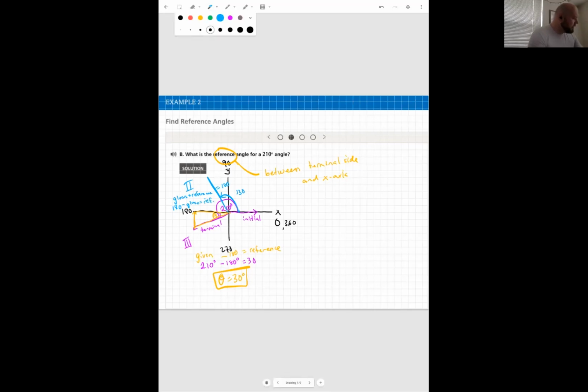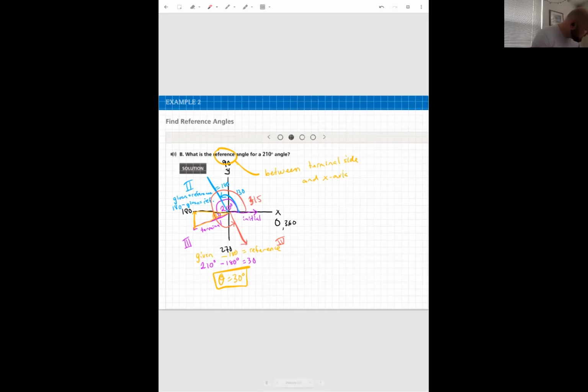If we're in, let's go red for quadrant 4. If we're in quadrant 4 and you have some angle that comes around, boom, here. Let's say that my angle is 240. Oops, not 240, because it has to be bigger than 270. Let's say our angle is 315 degrees. So if I drew my reference angle for this, that's my terminal side.